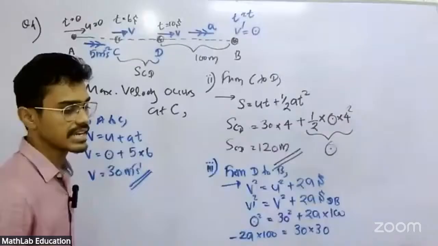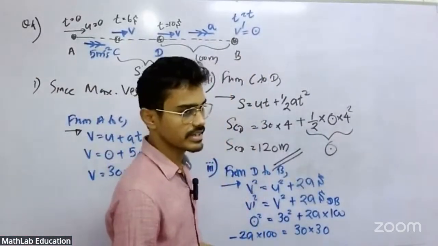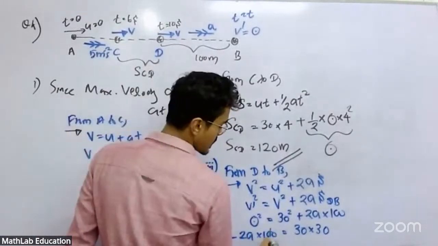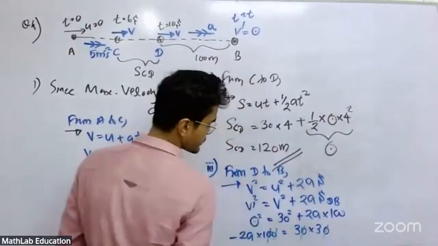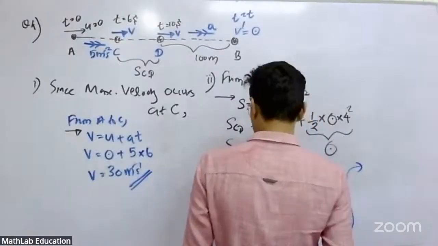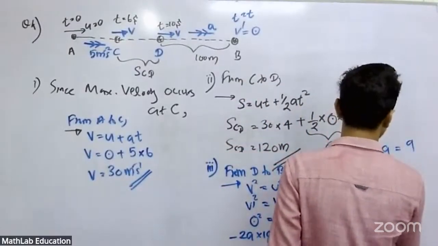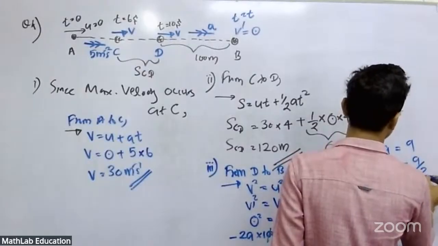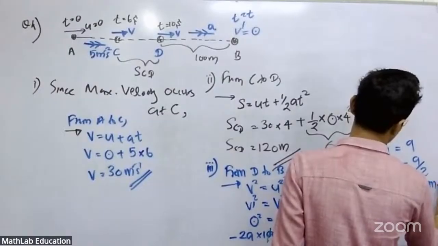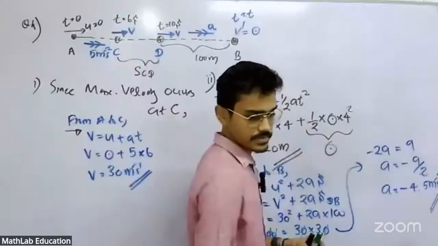Don't simplify it as 900, because anyway it's going to cancel. Let it cancel. These two zeros cancel, so minus 2a equals 9. A equals minus 9 over 2, which means a is minus 4.5 m/s².